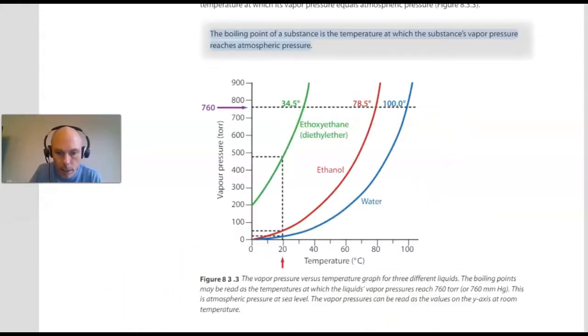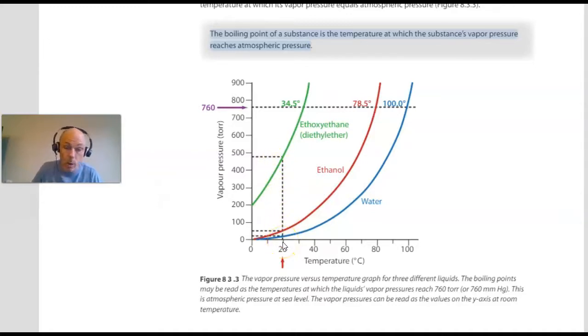Still on the same page, just scroll down a little bit, and there's all sorts of great things to discuss about this graph here. The first is that these are three different substances, diethyl ether, ethanol, and water, whose vapor pressures, as the temperature varies, are depicted graphically. Notice that at any given temperature, water, compared to ethanol and diethyl ether, has the lowest vapor pressure.